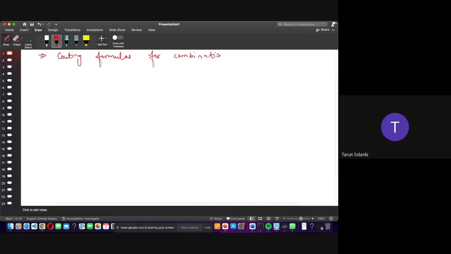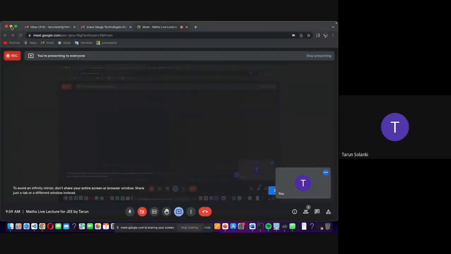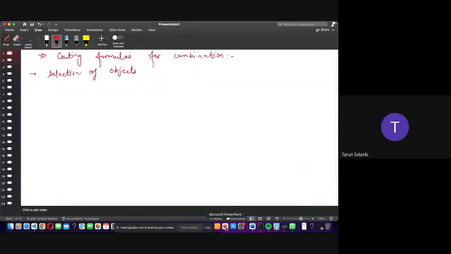First, we'll start with the selection of objects without repetition.